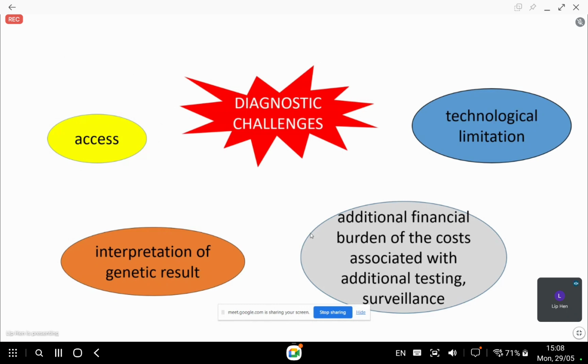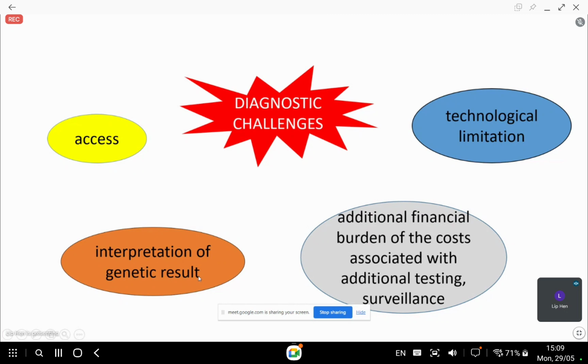So what are the diagnostic challenges with all these tests? For NGS tests, exome and genome tests, the most important one is still accessibility. This test is not easily available. And as I explained earlier, interpretation of the genetic result can sometimes be difficult as well.